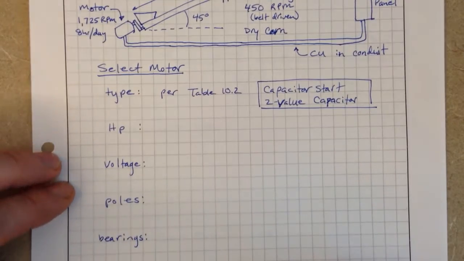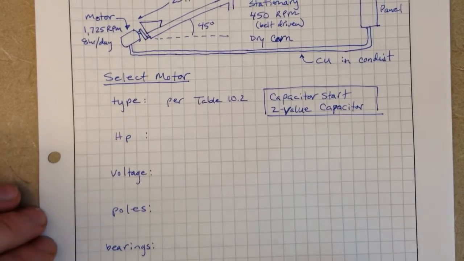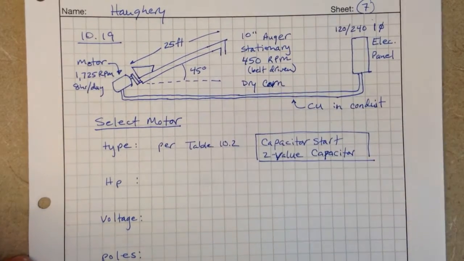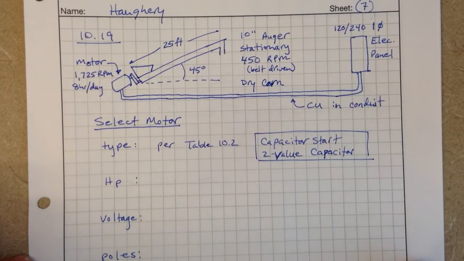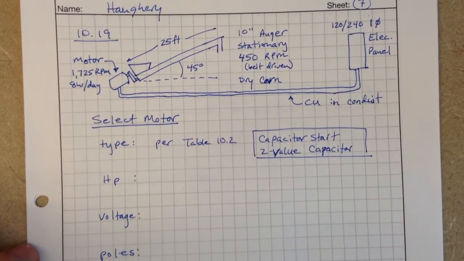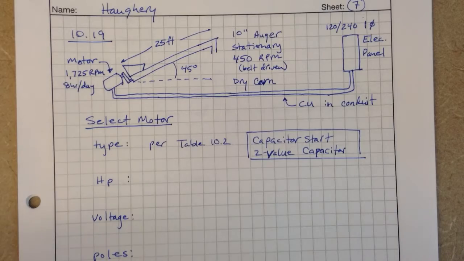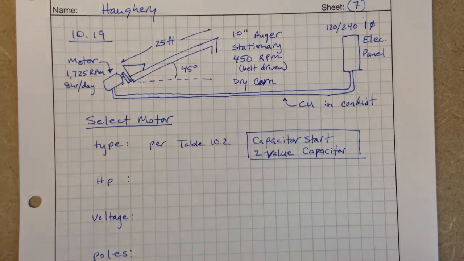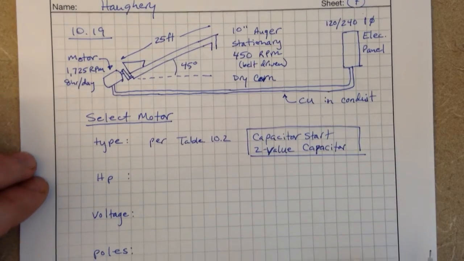If we look at horsepower, depending on the application, we really have to look at the manufacturer's recommendations, or some other tables or rules of thumb, or what we've used in the past that has worked, or even just measuring and looking at the physics and calculating.